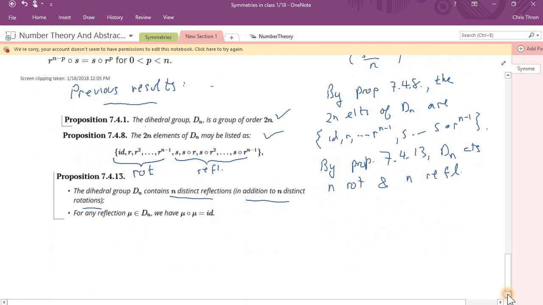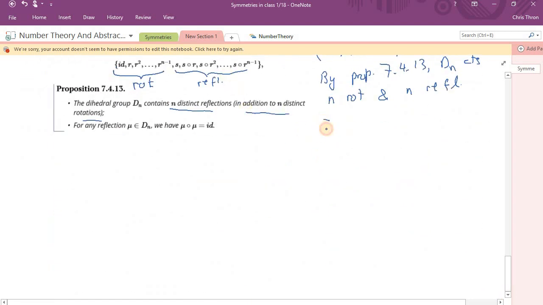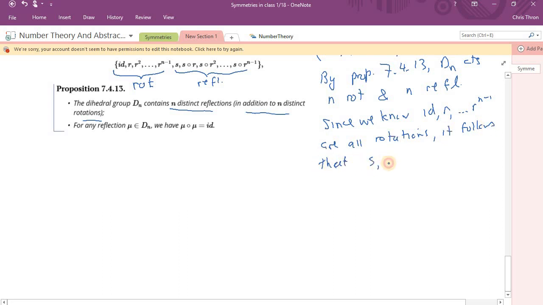And then you can just say, since we know that the ID, R, all up to R to the n minus 1 are all rotations, it follows that S, S composed R, up to S composed R to the n minus 1 must be reflections.